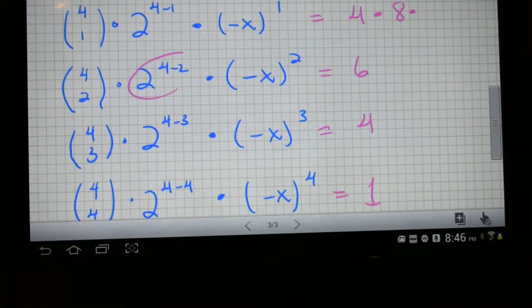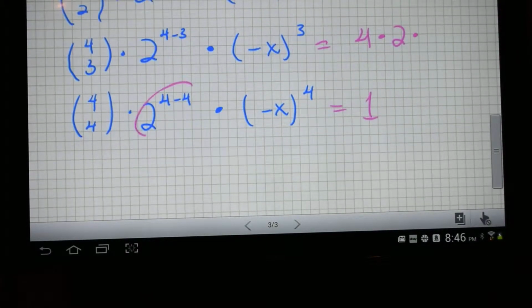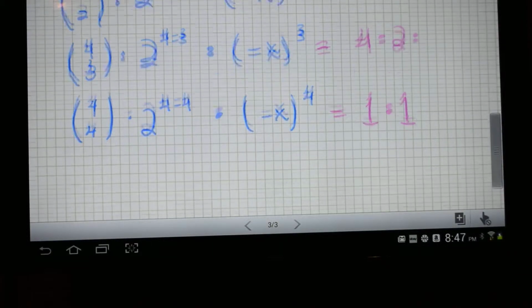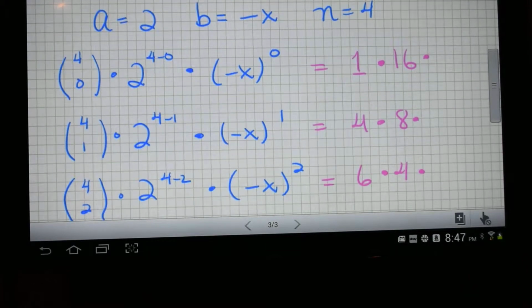This is 2 squared, which is 4. This is 2 to the 1st power. And 2 to the 0 power is just 1. Anything to the 0 power is 1, so that's 1.